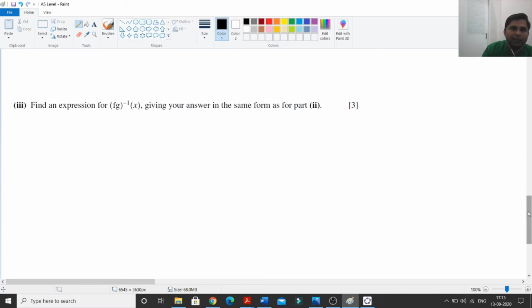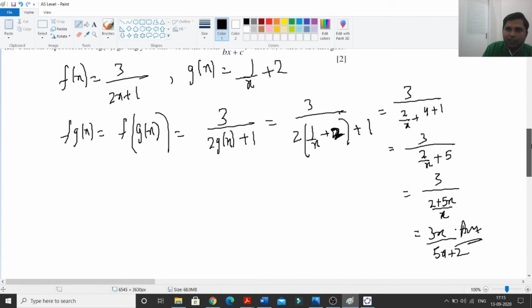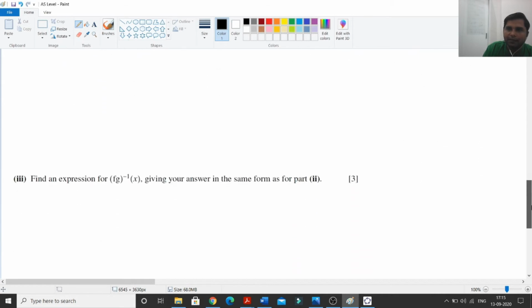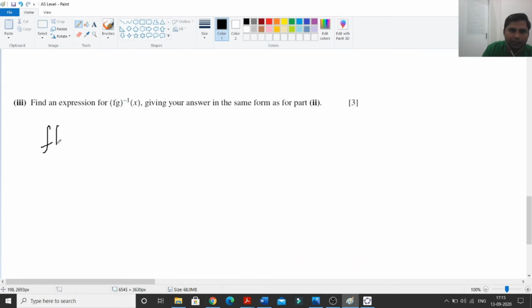Now third part: find an expression for (fg) inverse of x, giving your answer in the same form as part 2. So we need to find the inverse of this. So the function is 3x divided by 5x plus 2.